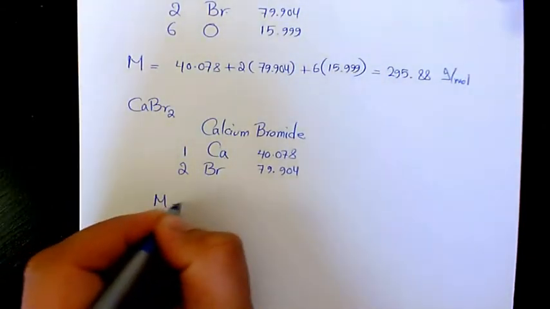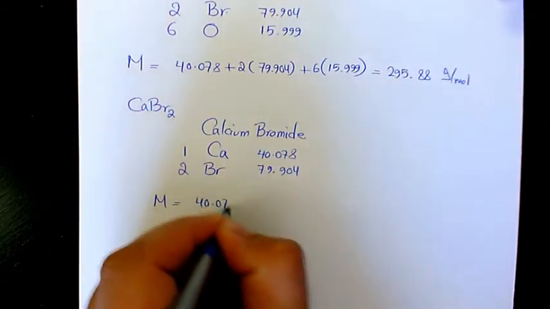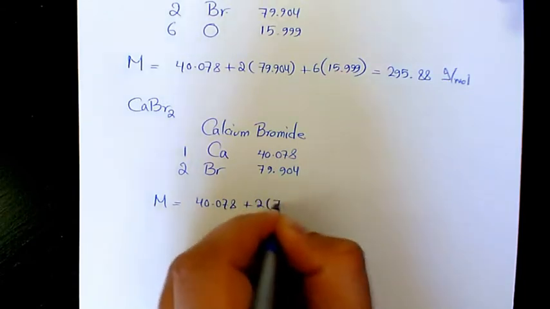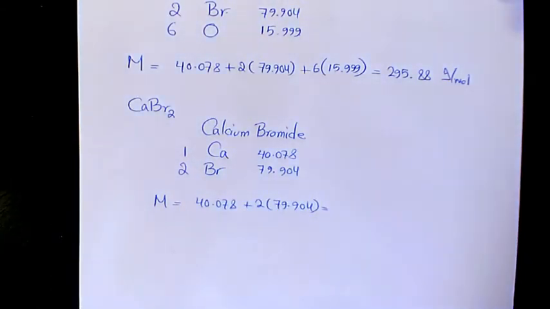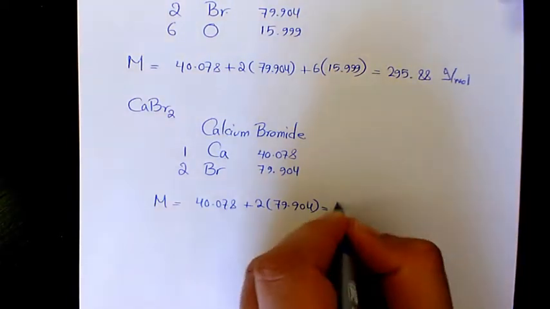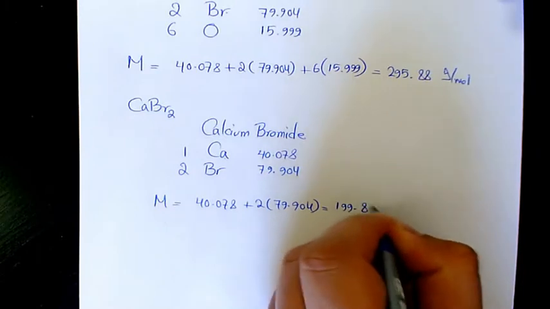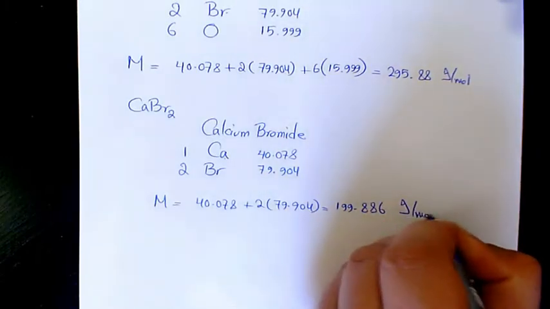So molar mass is going to be 40.078 plus 2 times 79.904. It's going to be 199.886 grams per mole.